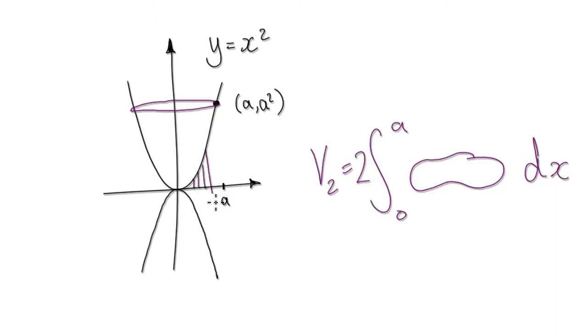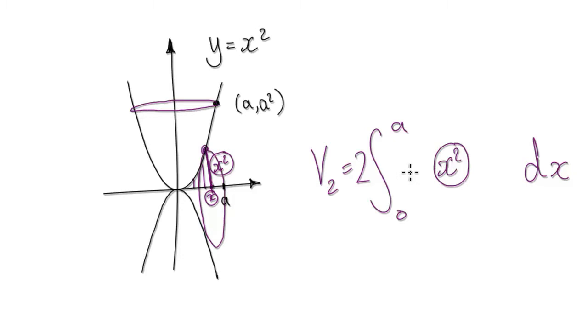Let's say x is currently here. For any given x, what is this radius? Because we need to pi r squared it to give us the area of the disk. For a given value of x, if you square it, it will give you the radius. So this length here is x squared. Once you've got the radius, quickly pi r squared it.